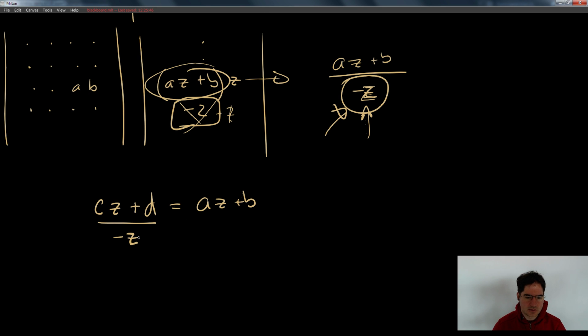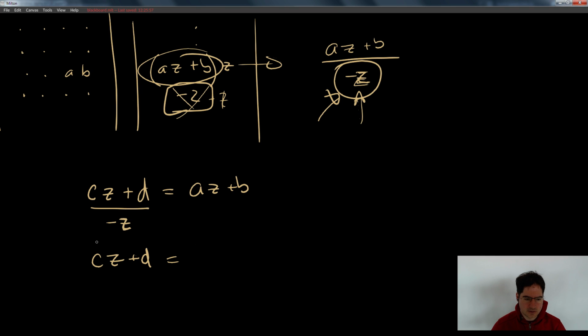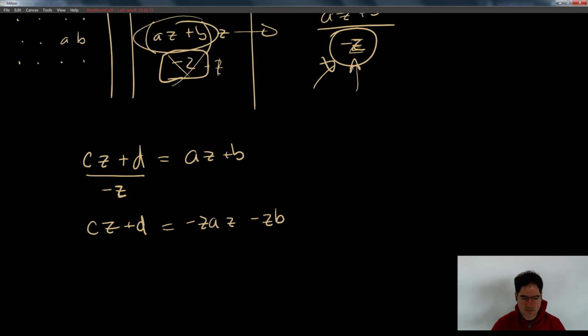And so you can kind of see what happens here. If we end up with a cz plus d in this case, we end up with these coefficients being, because we're going to multiply both sides by negative z, we end up with a being negative z a z, right? And this is negative zb, right?